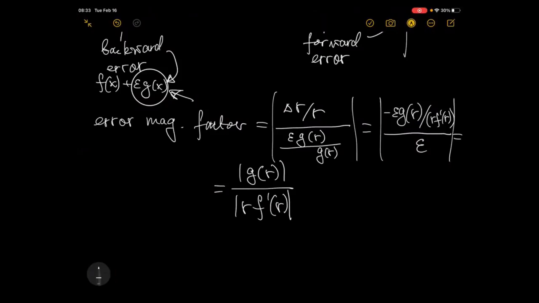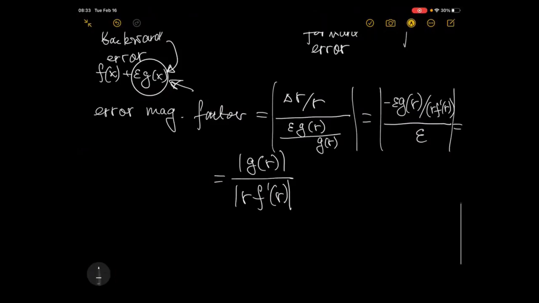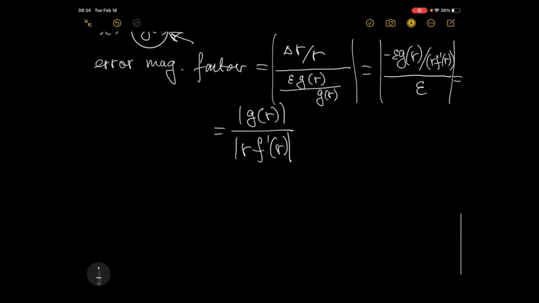by a huge number. So, for example, let us try to figure out what the error magnification factor is for the Wilkinson polynomial around root R equal to 16.